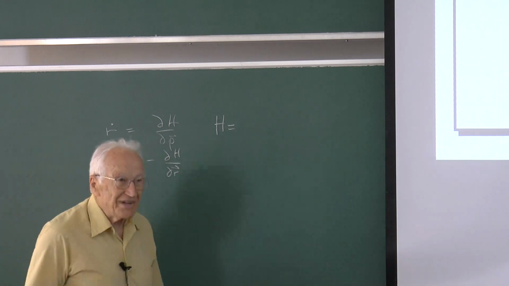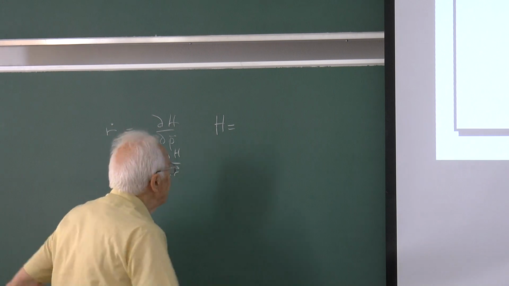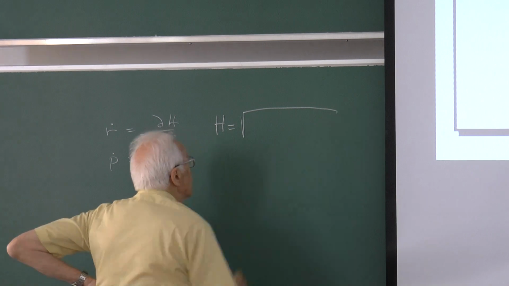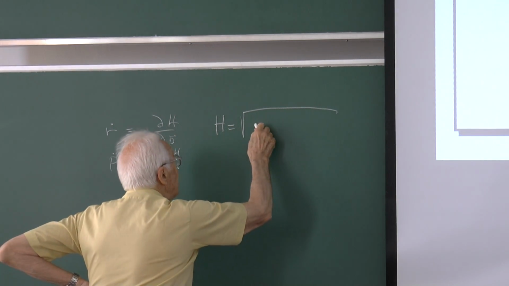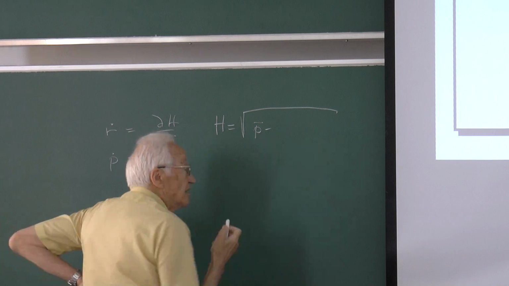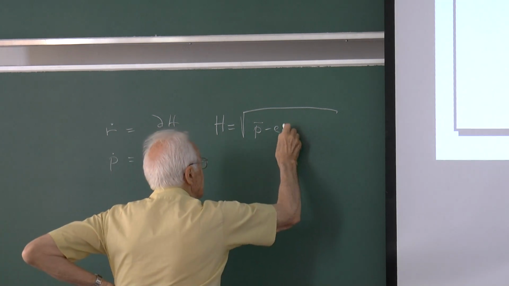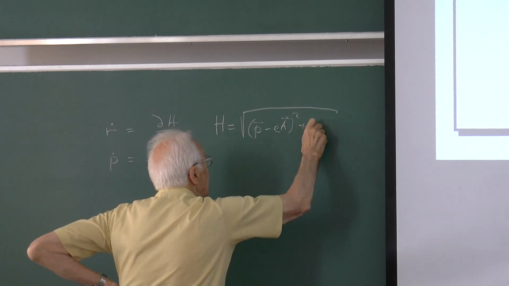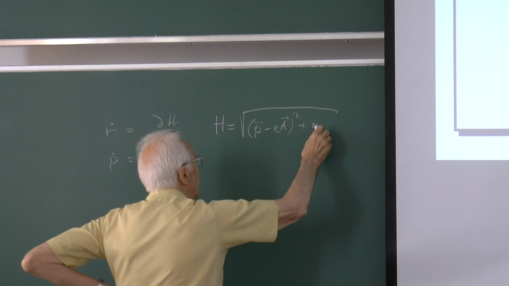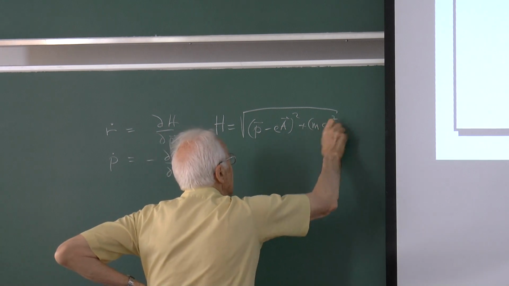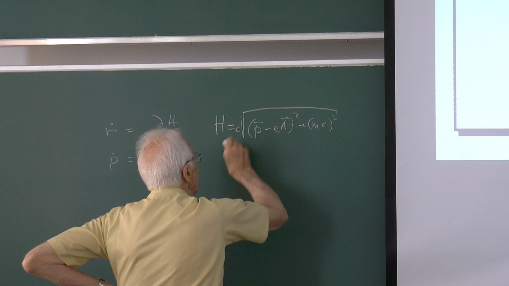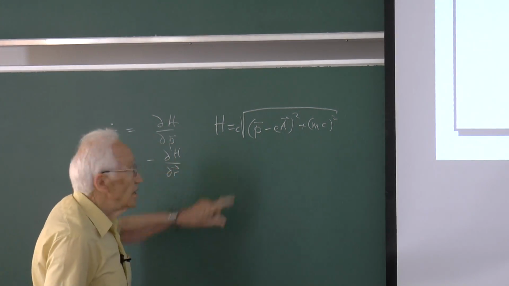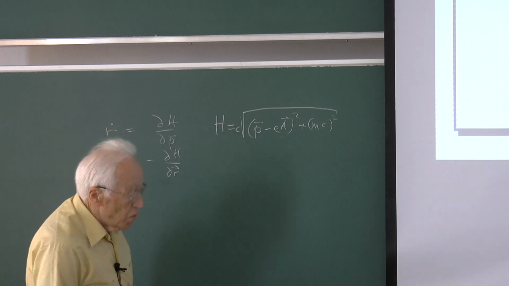Let's take the electromagnetic field, which is the best known example. So we have the famous square root. It must be relatively long because we need the minimal coupling, as it is called in quantum physics, P minus eA, squared, plus mc squared, and this must be multiplied by c.